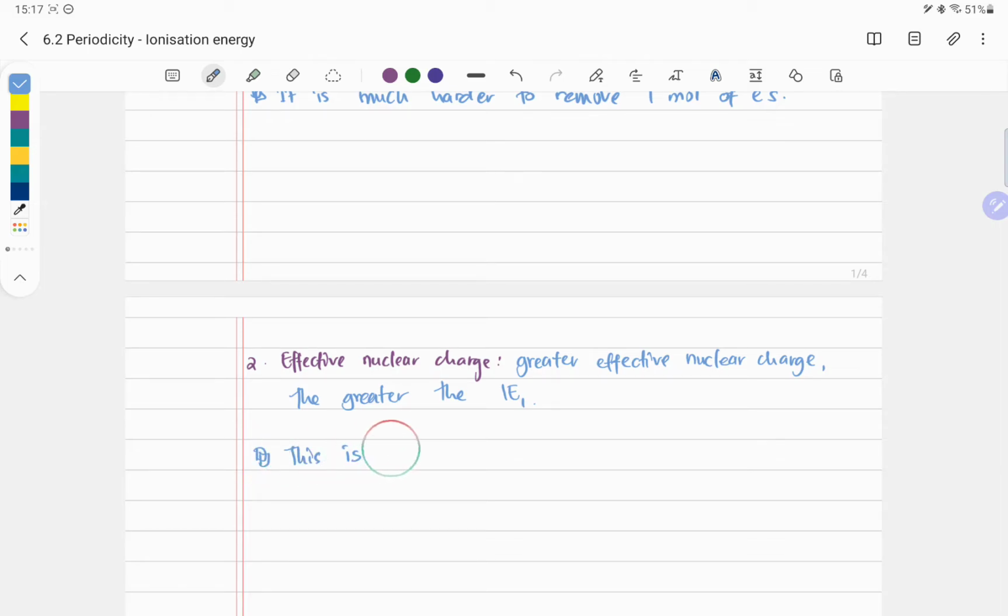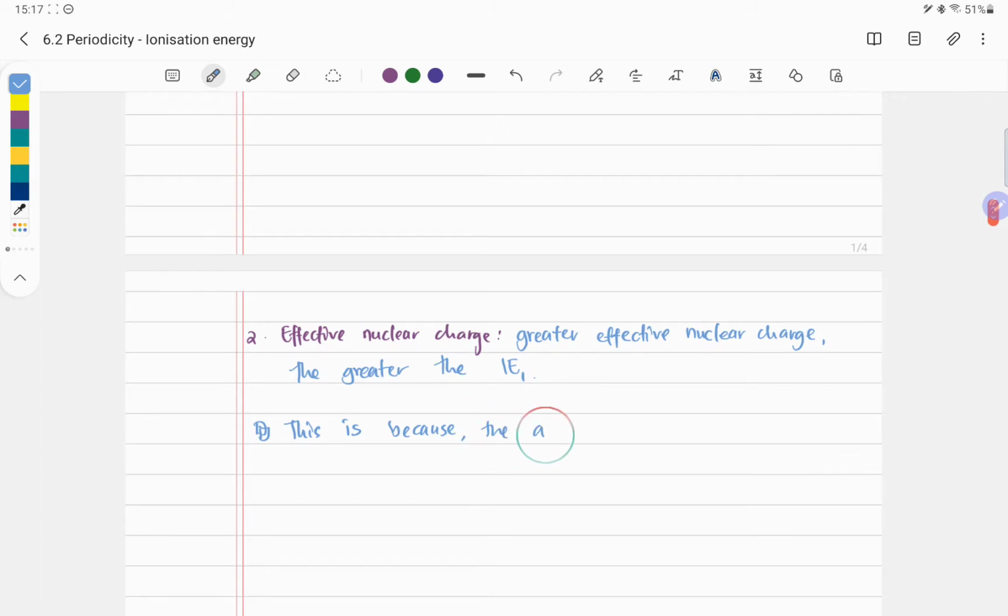This is because the attraction between the outermost electrons and the nucleus gets stronger. Because if the effective nuclear charge, that is Zeff, gets higher, IE gets higher because the attraction is stronger.